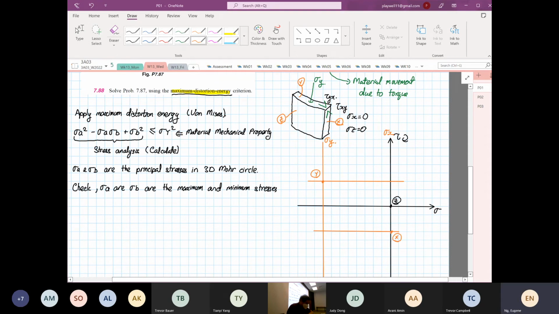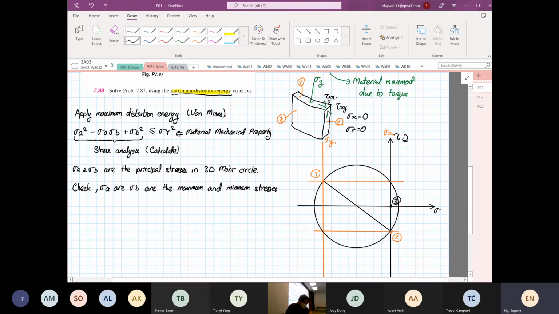This is our point X. We draw a line. Okay. And then from here, we can construct our circle. So this is our Mohr circle, okay?